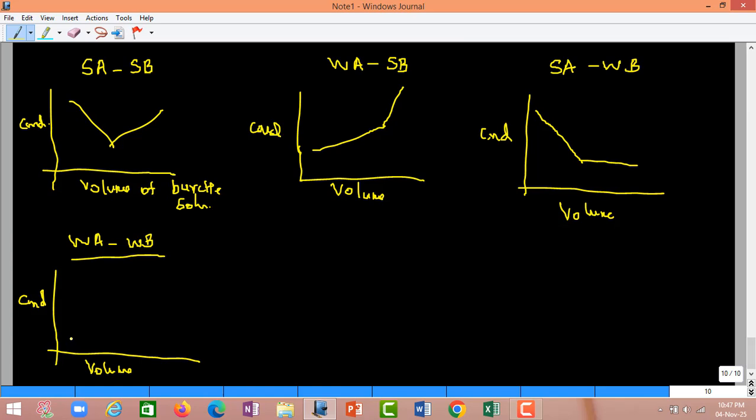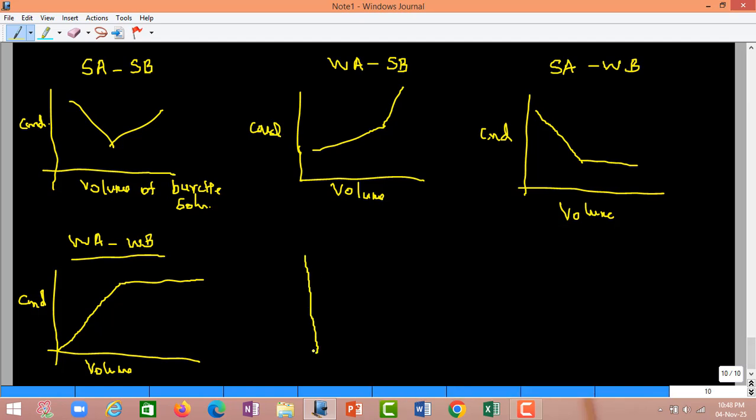Because the acetic acid is converted to ammonium acetate which is strong, the conductance increases, number of ions increases with dissociation. And after that it remains almost constant due to excess of weak base.